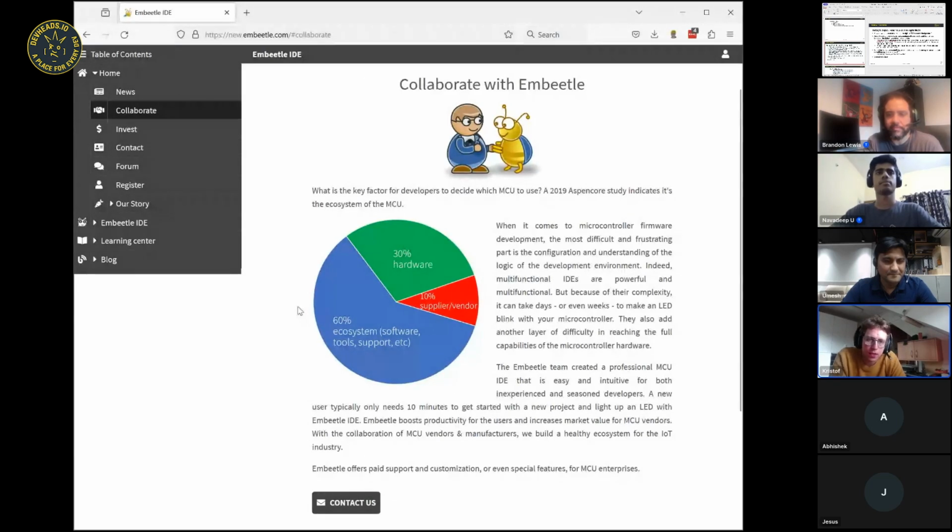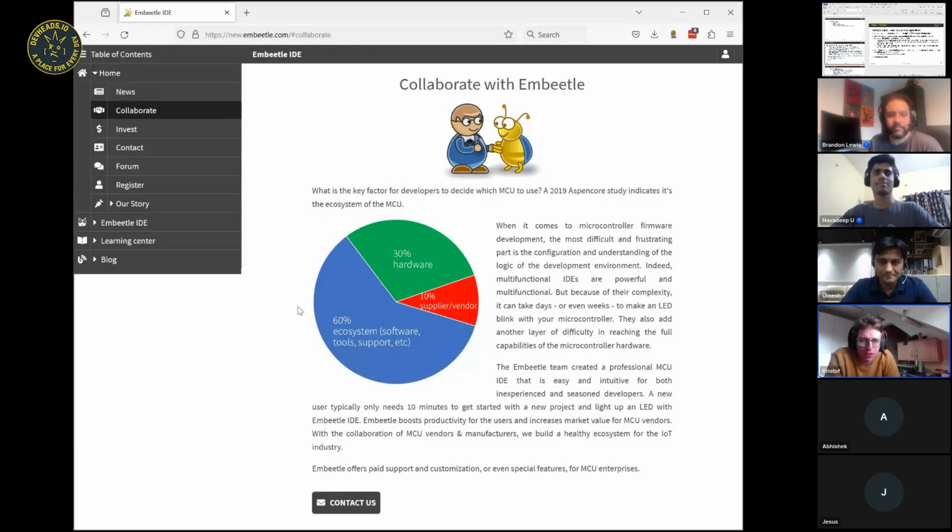So what you see here is basically the results of an Aspencore study from 2019, and it's about how engineers choose the microcontroller for the next project. And as you can see, the actual hardware of the microcontroller, of course, plays a role, but the most important asset is the ecosystem.